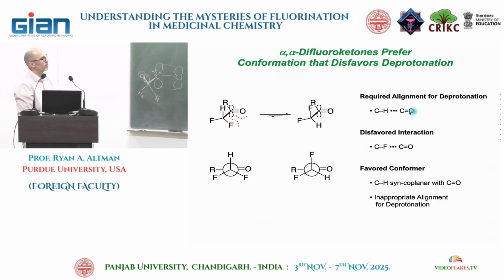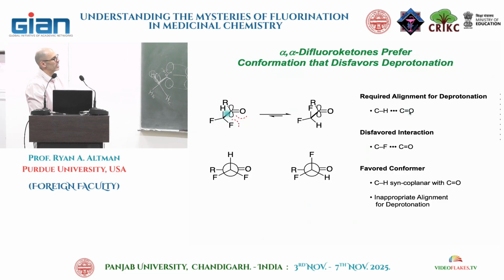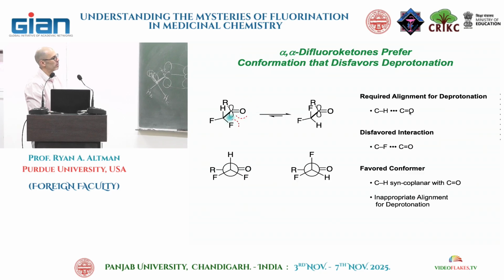Now, when you have that type of alignment in this difluoromethyl ketone, we need the CH to be aligned here with the pi system, but when that happens, the fluorine atom would be close in space to the carbonyl. The dipoles, so the CF bond and the carbonyl, would be aligning, and that's disfavored.